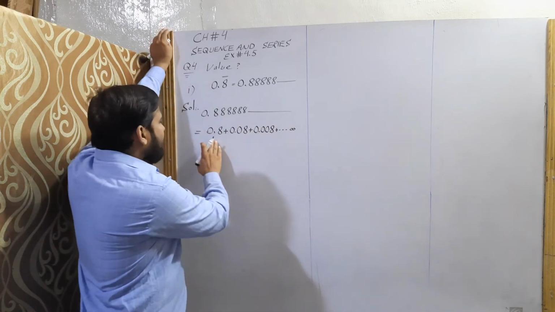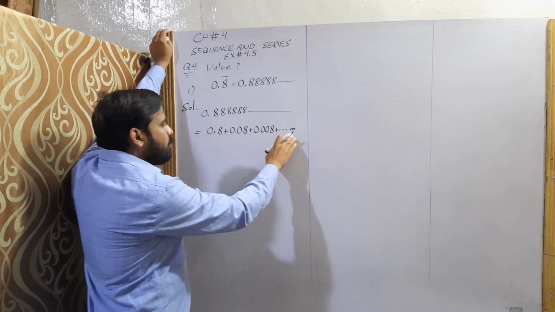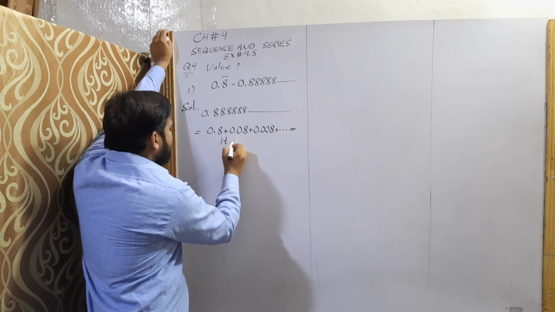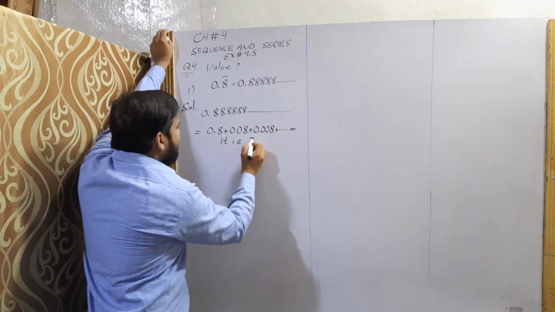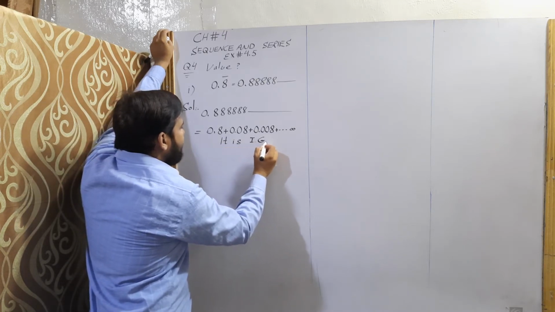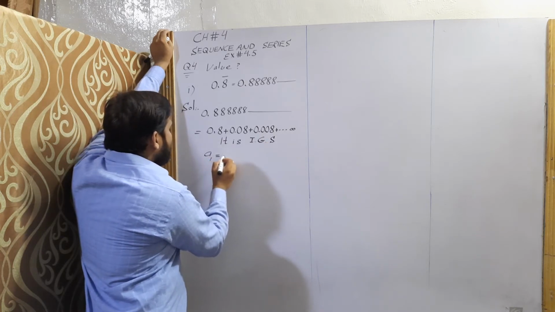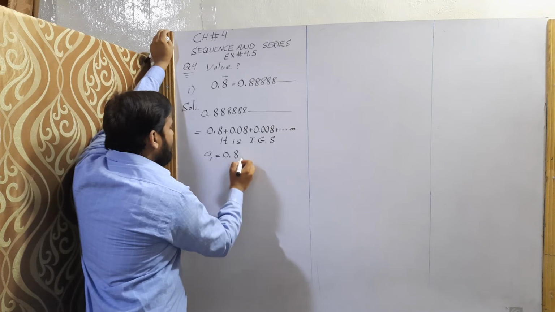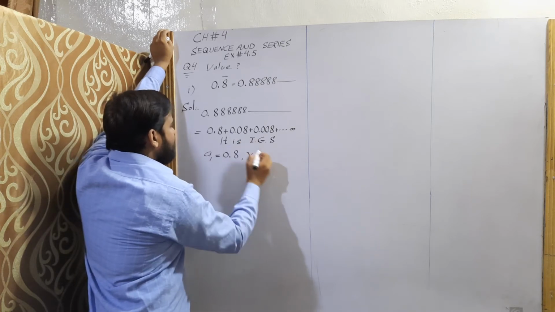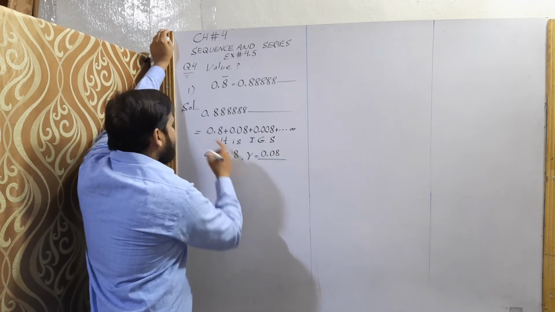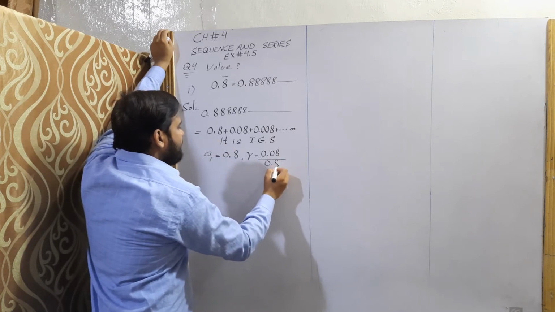It is clearly an infinite geometric series, because in this case a1 is 0.8, and the common ratio is the next term divided by the previous term.